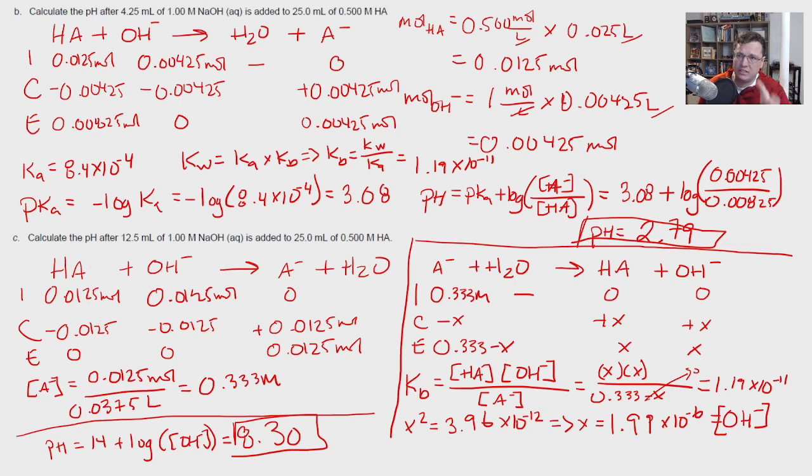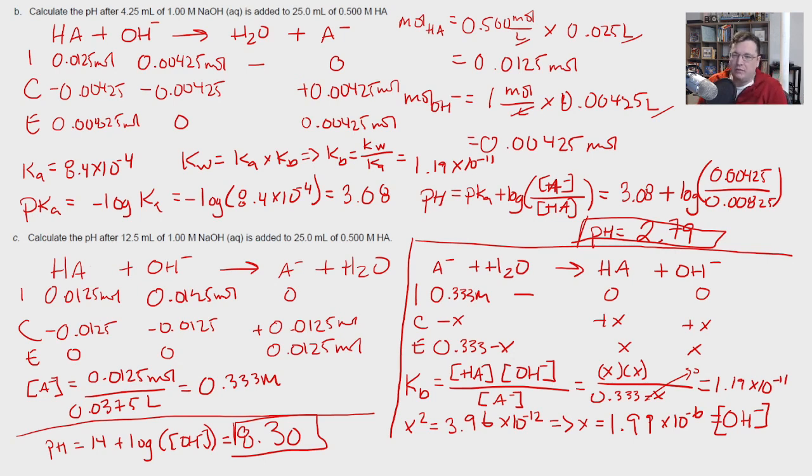For these titrations, for a weak with a strong, you always first do a neutralization reaction to figure out how many moles of the weak acid and its conjugate base you have present in solution. Then in many cases you can use the Henderson-Hasselbalch equation when you're in that pre-equivalence point region.